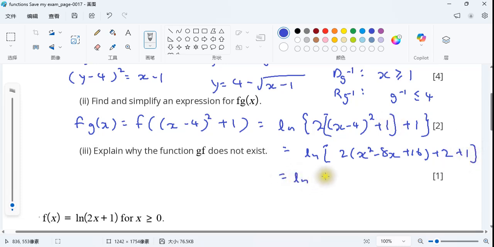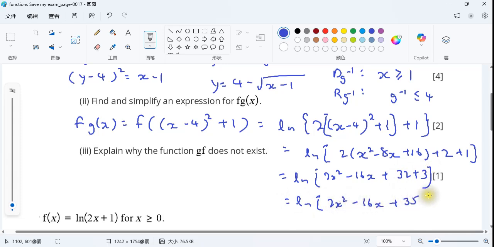So it will be ln(2(x^2 - 8x + 16) + 2 + 1), so we multiply with 2. It will be ln(2x^2 - 16x + 32 + 3). Then it will be ln(2x^2 - 16x + 35), that is, 2x^2 - 16x + 35.